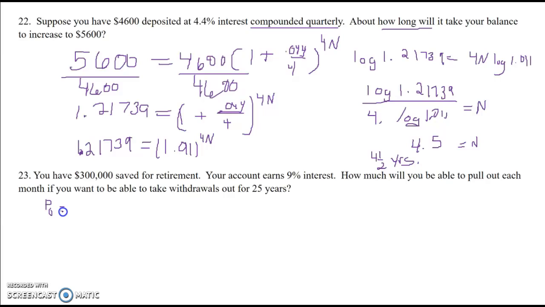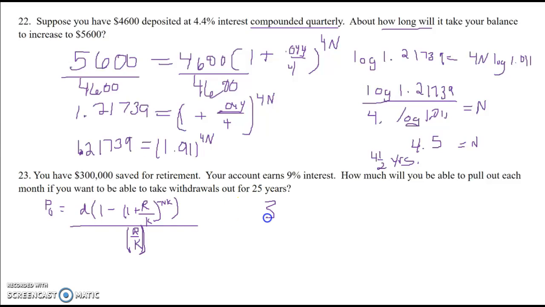P sub 0 is equal to D, which is what we're looking for, times 1 minus 1 plus R over K, and all of that raised to the negative NK, and then all of that over R over K. Alright, so now I just need to fill that in.